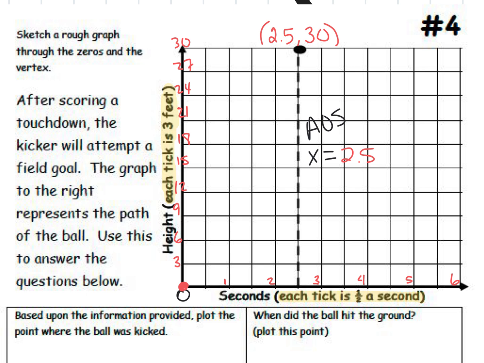So if we know that the kicker is going to kick the ball, and here it goes, what do we know about that ball? It went up, it got all the way to 30 feet high, and then what? It came down. Where is that ball going to land on the ground? At 5. I heard 5.